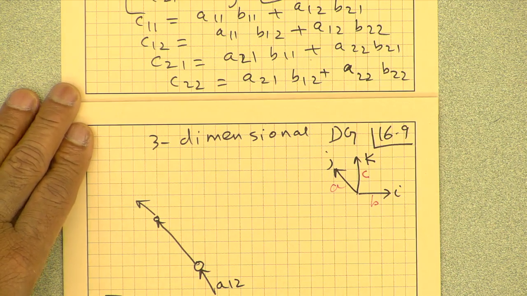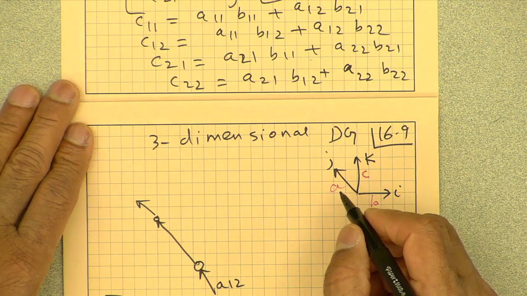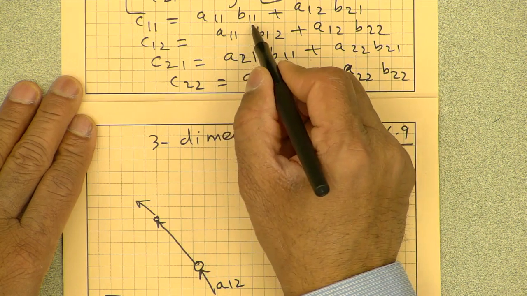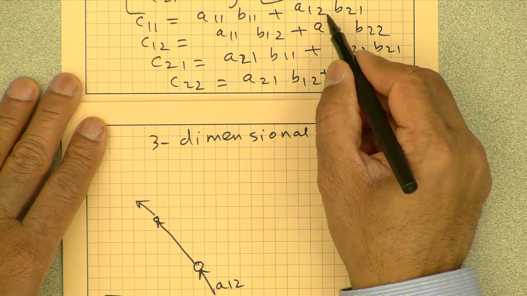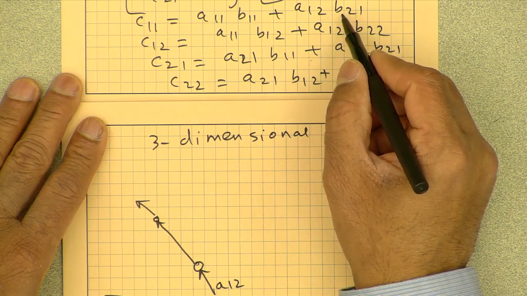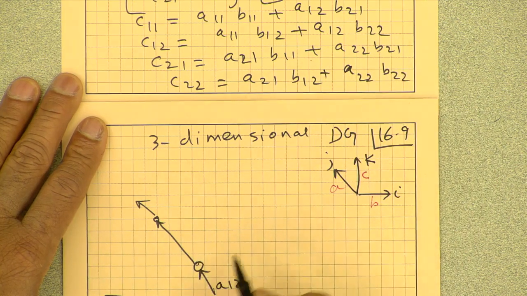Okay, so what is C11? C11 is A11, B11, so this is 0, A11, B11, plus A12, B21.